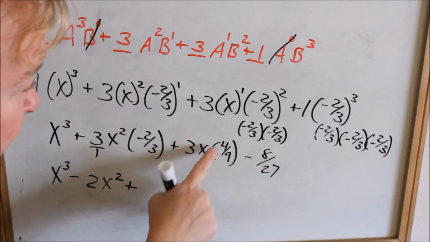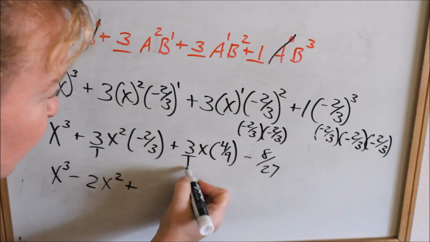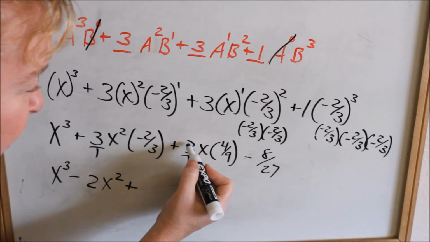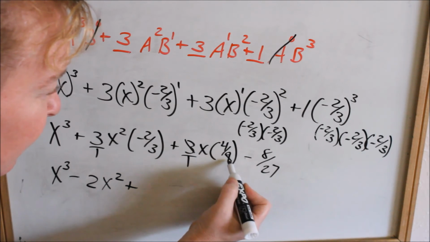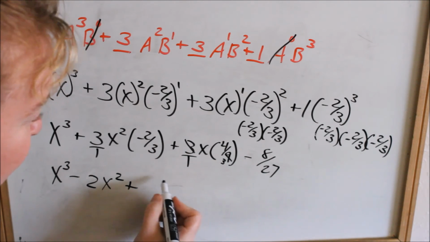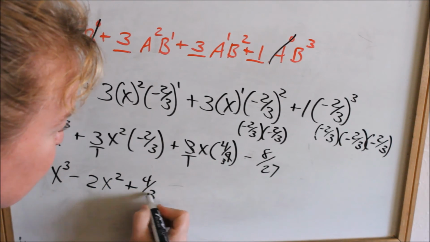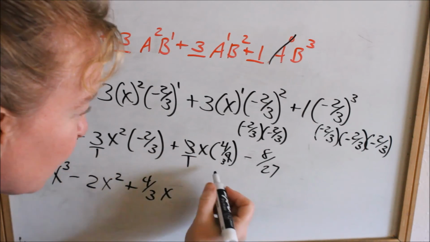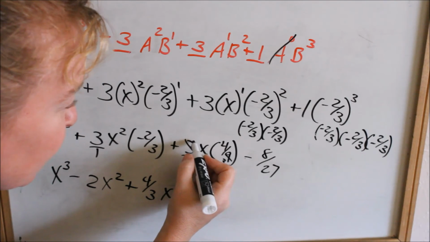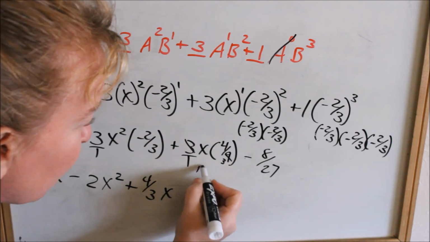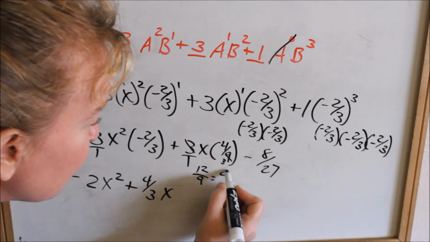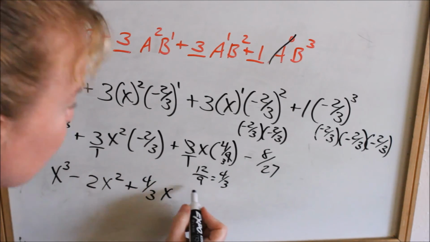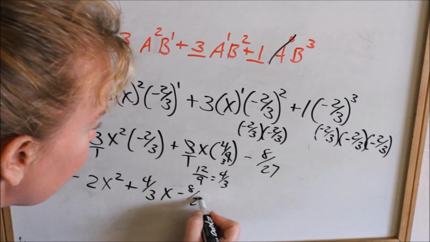Plus 3 times 4/9. This is like over 1. So you're doing your numbers to numbers. So you can cancel your 3 here if you want, and then that would be left with the 3. So that would be a positive 4/3 x. Or you can go ahead and multiply it out. If you would rather say 3 over 1 times 4 over 9 is 12 over 9, and then reduce to 4/3, fine too, you get the same answer. And then we had already multiplied out the negative 8/27.